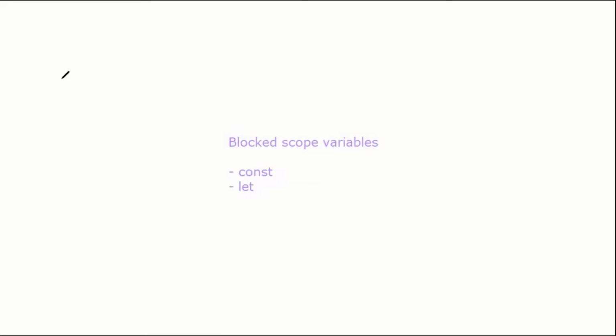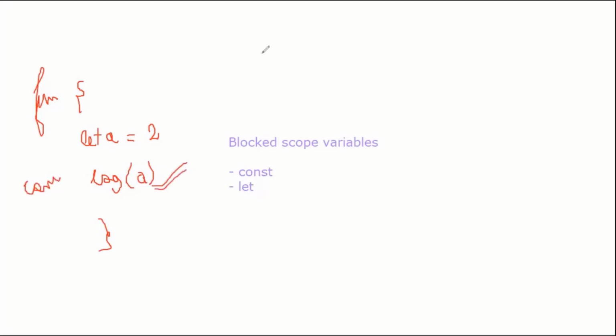Let's say I have this function, and inside this function I have written let a equals 2. So when I log a, or you can say console.log a, it will show the value.